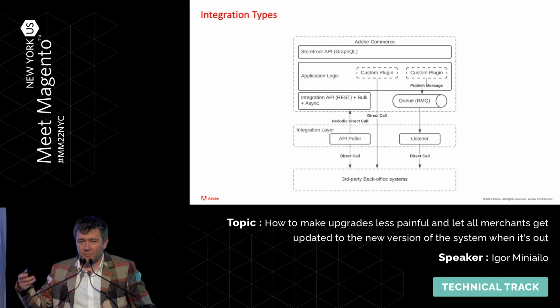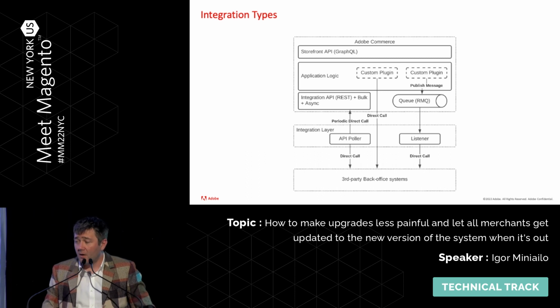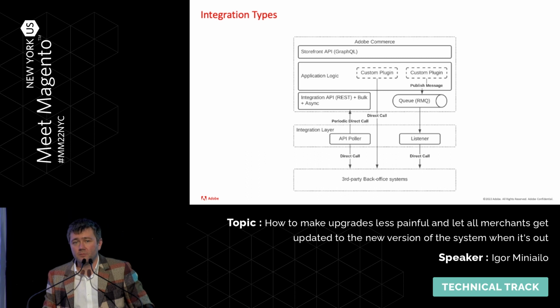A good example is order placement, which needs to be delivered to an order management system. Or a synchronous customization, where we have an integration, let's say for a real-time inventory check, and this is again usually done with the help of custom code.